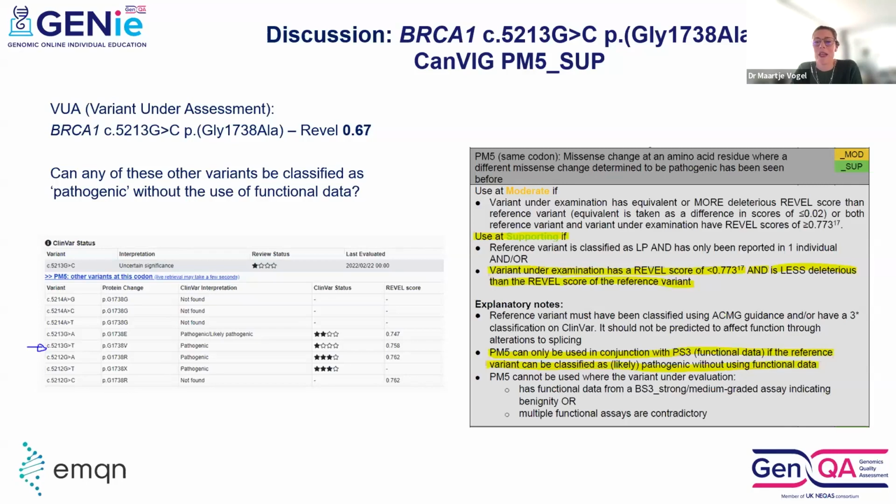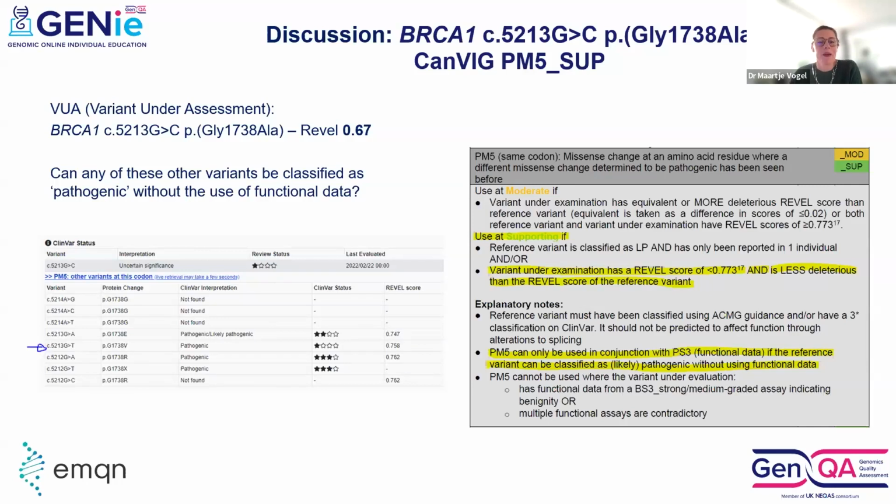You should also compare the REVEL score of your variant to the REVEL score of the reference variant. And if the REVEL score of the variant under assessment is lower than the REVEL score of the reference variant, you should stick to supporting.